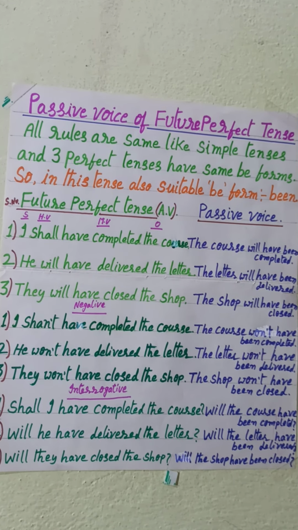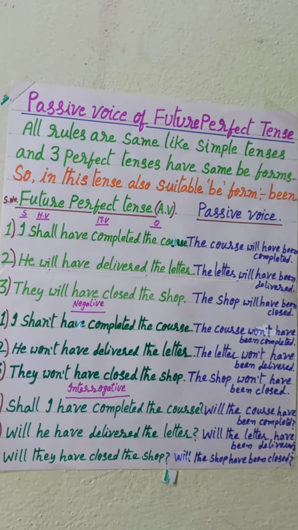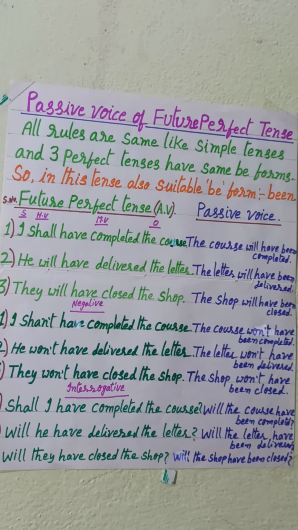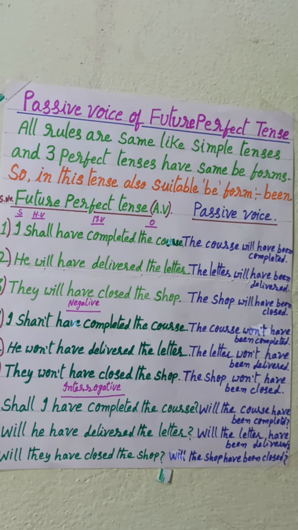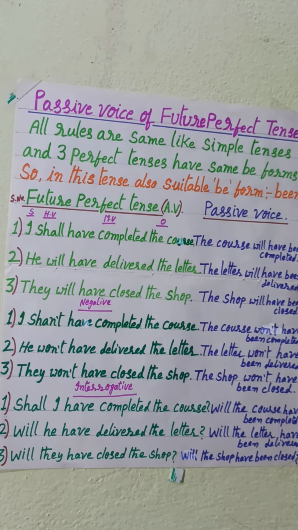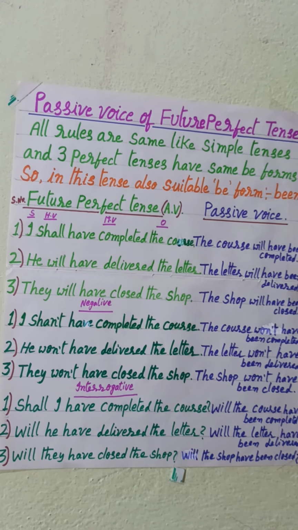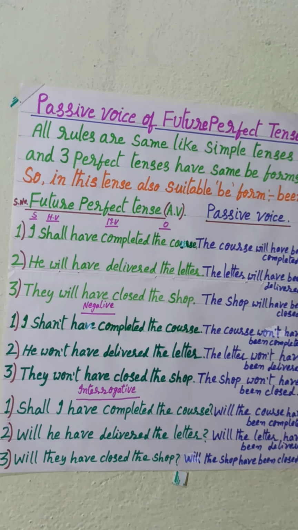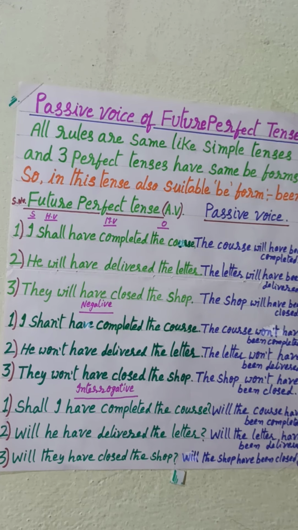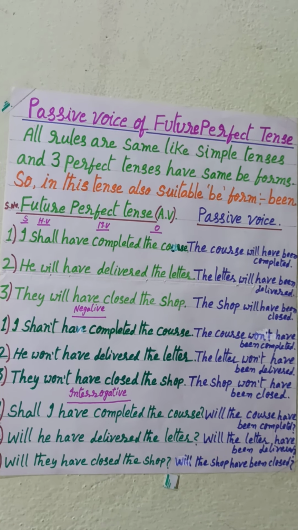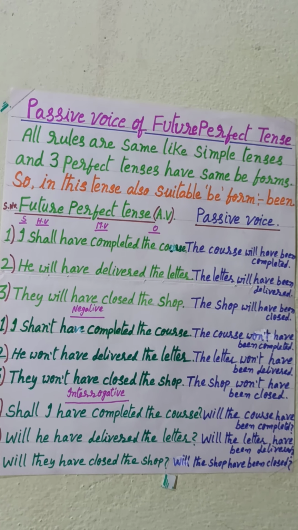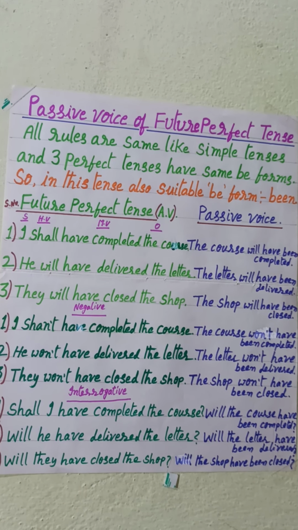In the passive voice, the letter won't have been delivered. Third sentence: they won't have closed the shop. In the passive voice, the shop won't have been closed.